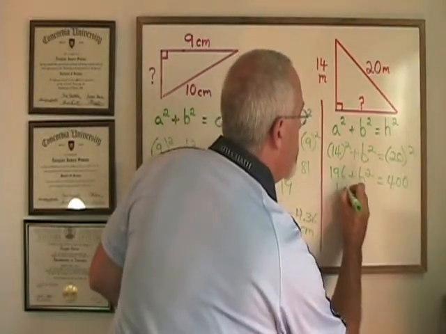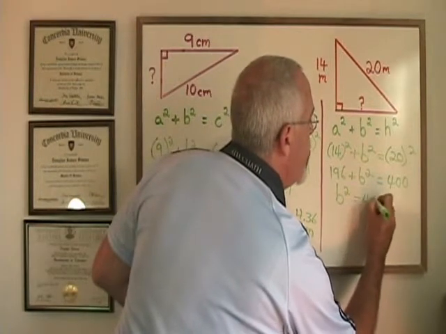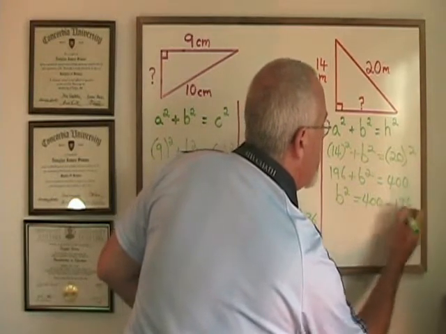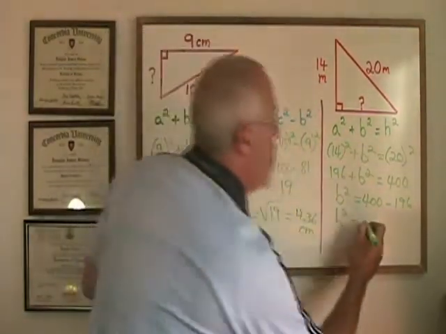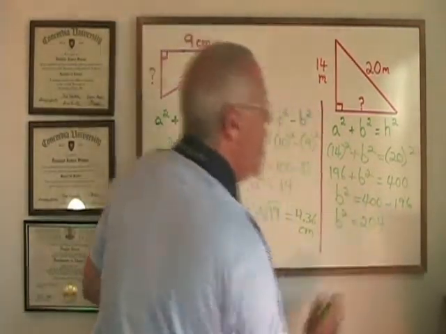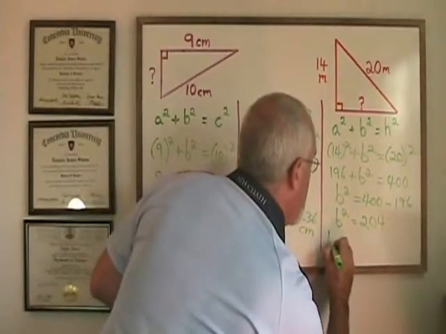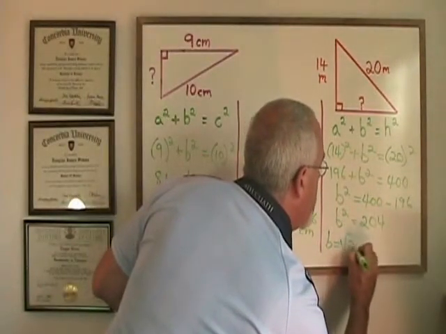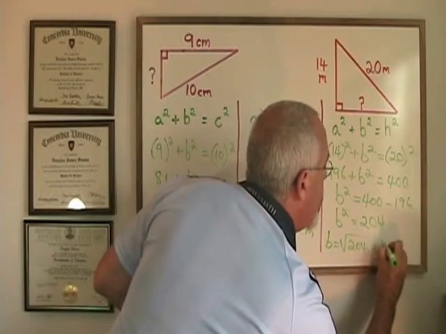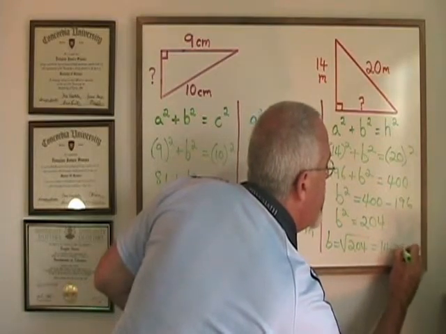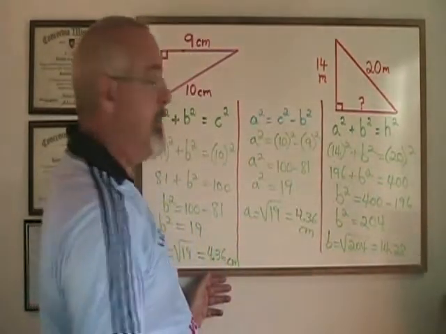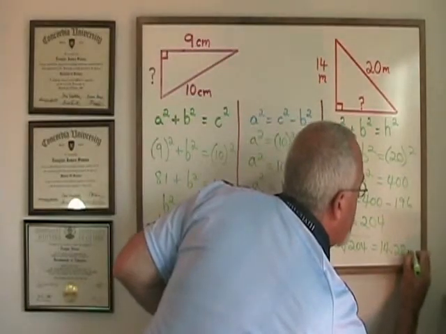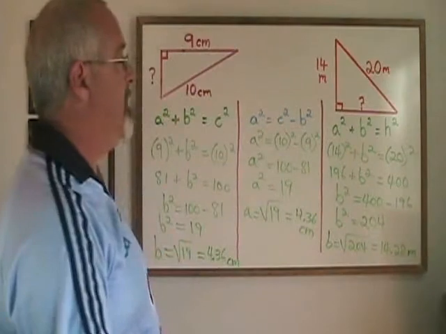So doing some algebra, I get B squared is equal to 400 minus 196, which is 204. B therefore will be equal to the square root of 204, which is 14.28 if I round to the nearest hundredth. And because the unit of measure is meters, we have found a side length of 14.28 meters in this case.